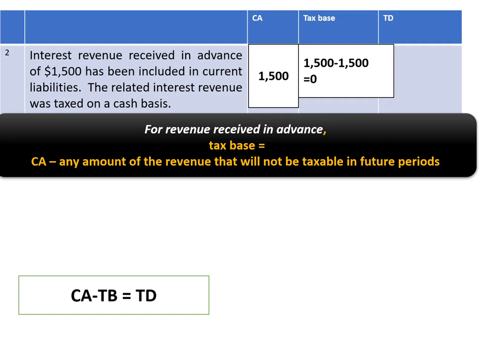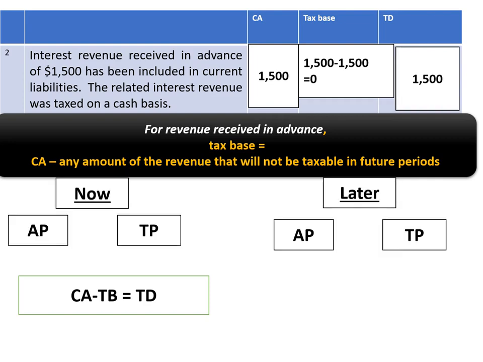So the tax base is the carrying amount minus any amount of revenue that will not be taxable in future periods. The amount that will not be taxable in future periods is the full amount, because we've already been taxed on it. So 1,500 less 1,500 gives you 0. We end up with a temporary difference of 1,500.